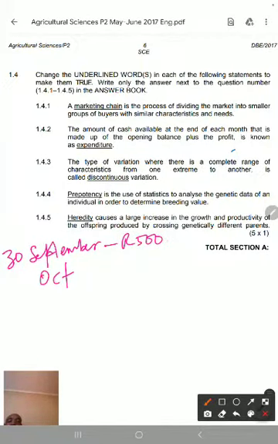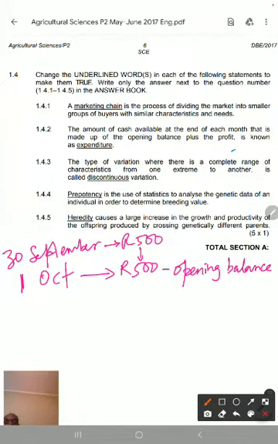This is his closing balance for September. First thing in the morning in October, because he's starting a new month, the same 500 rands becomes an opening balance. It's a closing balance for September, but an opening balance for October.